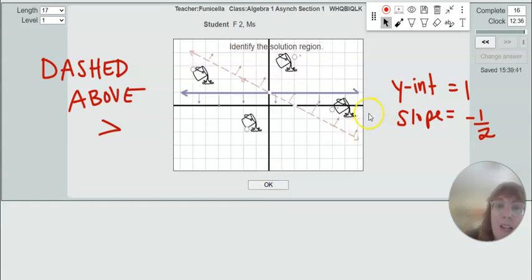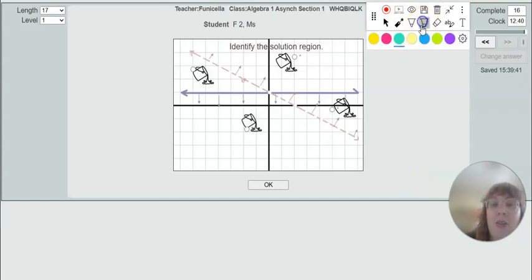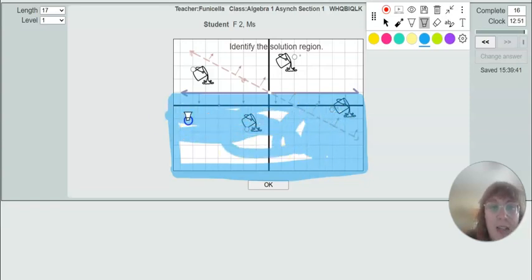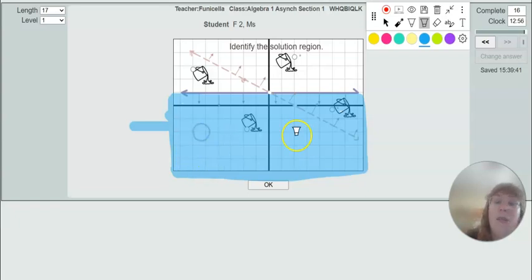And now we're identifying the solution area. So where are these two shaded areas going to intersect? So here's my first solution set. Everything that's below this line. Painting it in. These are all the numbers that have a y value less than or equal to 1.